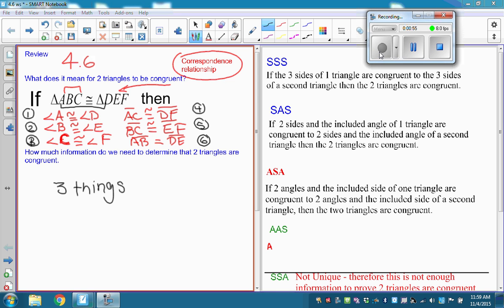We need 3 things in combination with those theorems. We need 3 pairs of corresponding parts. So you don't need all 6, but they have to be in the right combination.